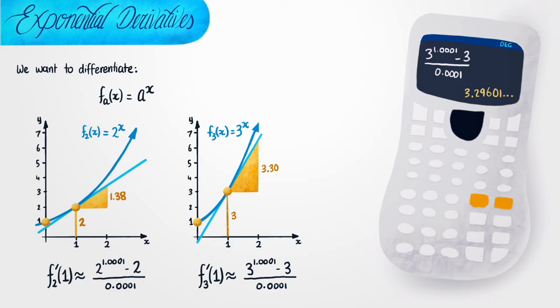This happens because the base of this triangle is 1, and this distance is also 1, so this height over here is smaller than the total height over here. So when the base is 2, the derivative ends up smaller than the actual function, but when the base is 3, the derivative ends up larger. So that means there's some number, somewhere between 2 and 3, where the derivative exactly equals the output of the function.